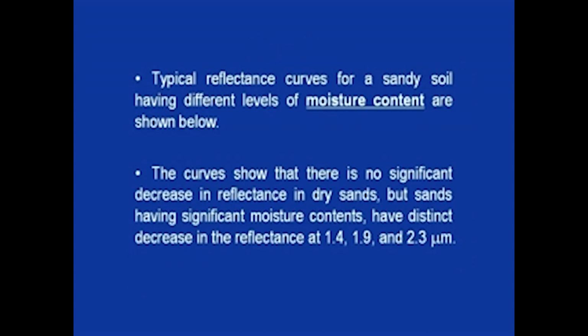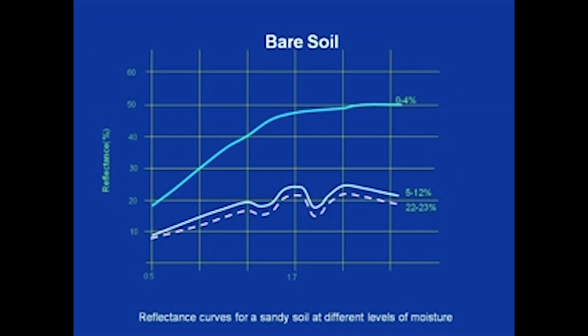Typical reflectance curves for a sandy soil with different levels of moisture content are shown below. This particular slide shows the reflectance curve for a sandy soil at different levels of moisture. For a dry sand having moisture between 0 to 4%, the reflectance is significantly higher in comparison to moisture contents ranging between 5 to 12 or 22 to 23 percent.